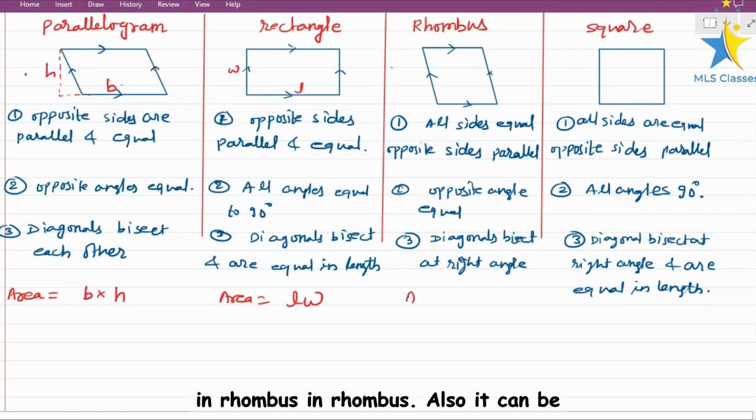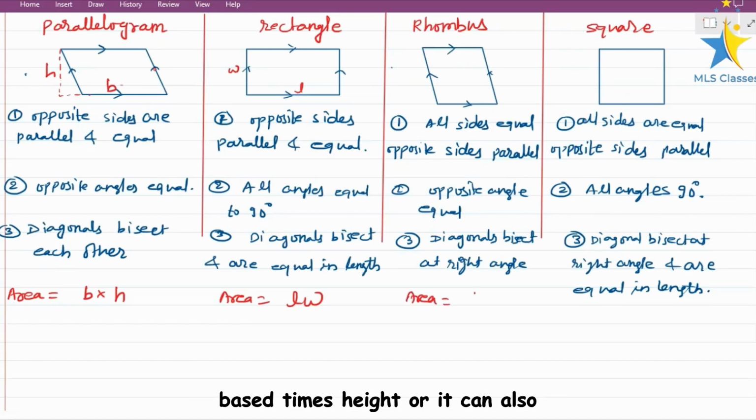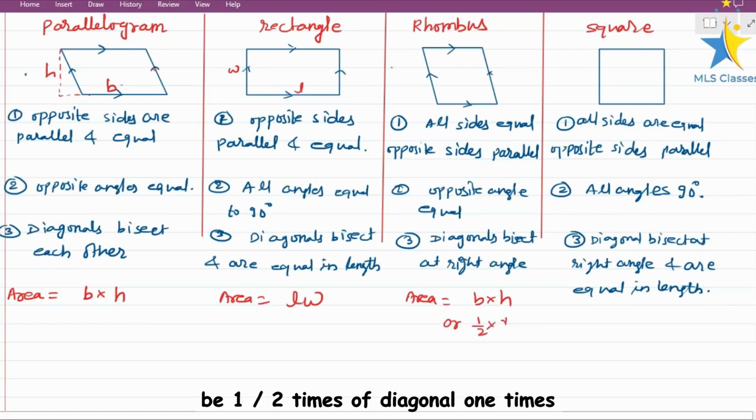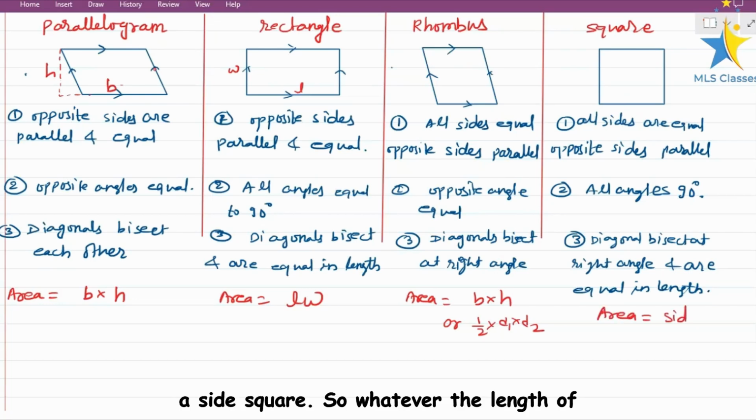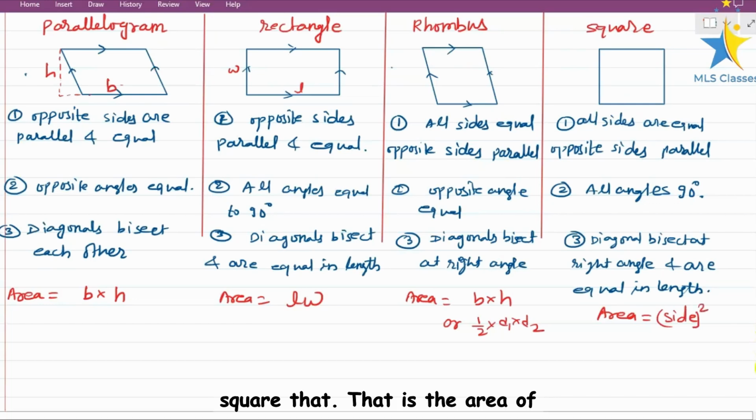In rhombus also it can be base times height, or it can be 1/2 times diagonal 1 times diagonal 2, the lengths of both diagonals. And for square, the area is side squared. Whatever the length of the side is, we just square that. That is the area of a square.